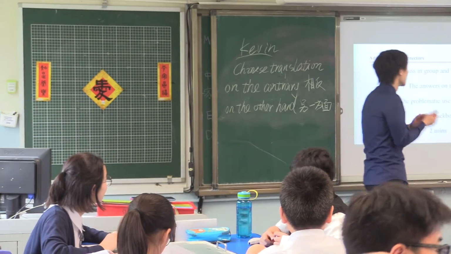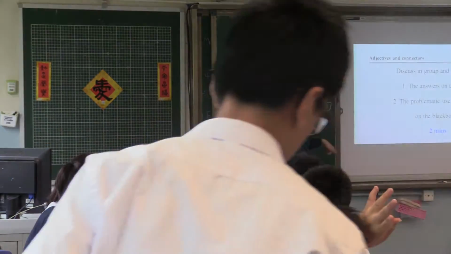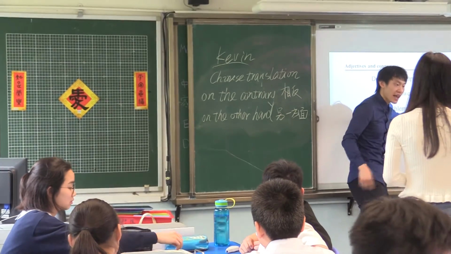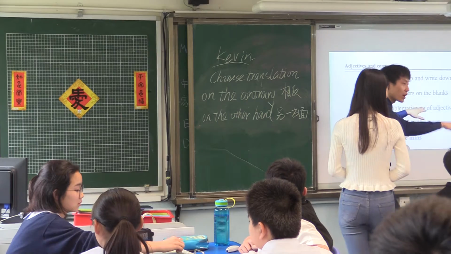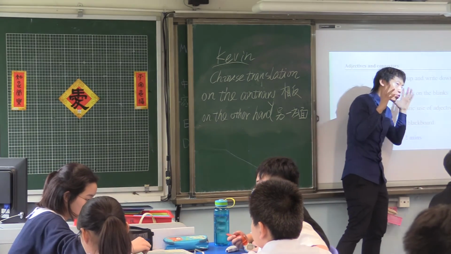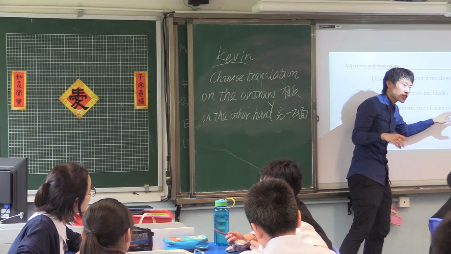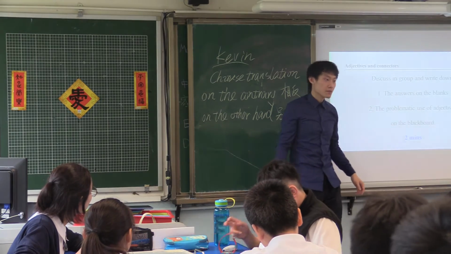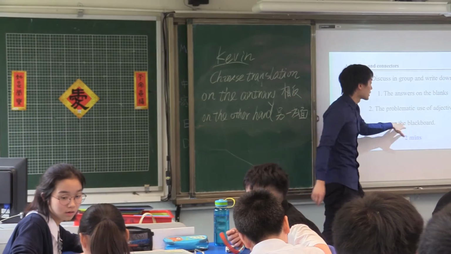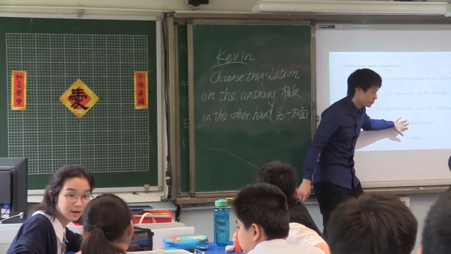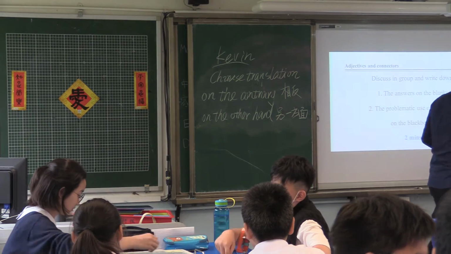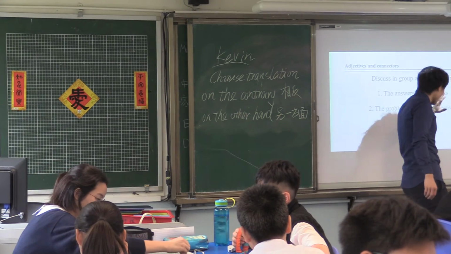Okay. So on the blackboard, you need to first write down the answers on the blanks. The first one, for example, on the other hand. The next one is, have you found any problems of the adjectives? First one, answers. Next one, the problems. You can finish any one first.